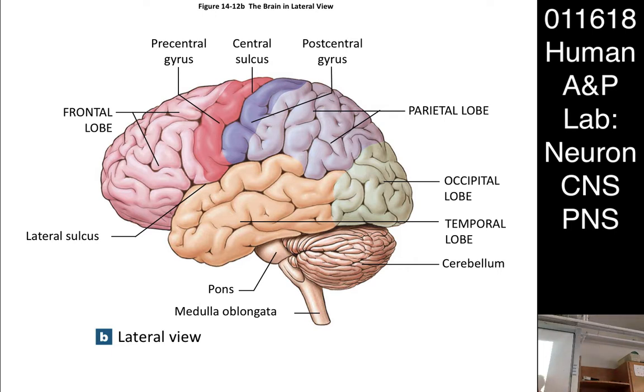And then all of this is sitting on the brainstem. When you're just looking at the brainstem in this undissected view, you see the pons sitting on top here, and the medulla oblongata transitioning into the spinal cord.